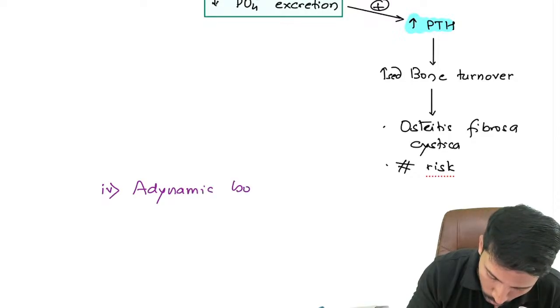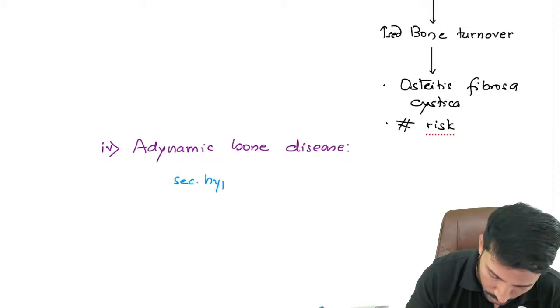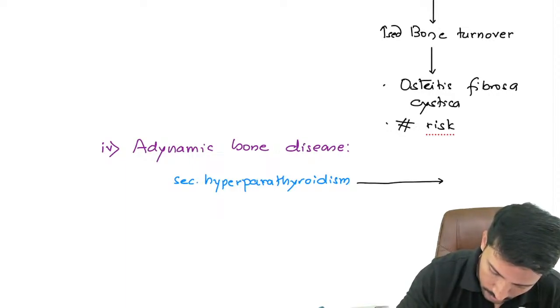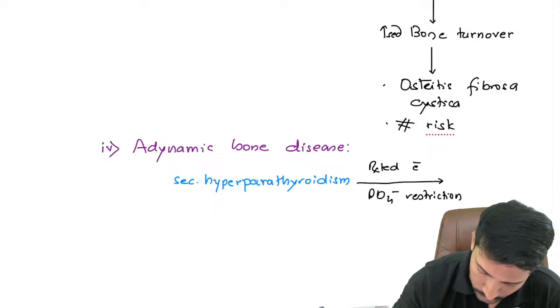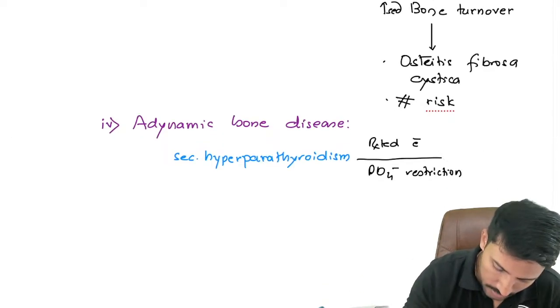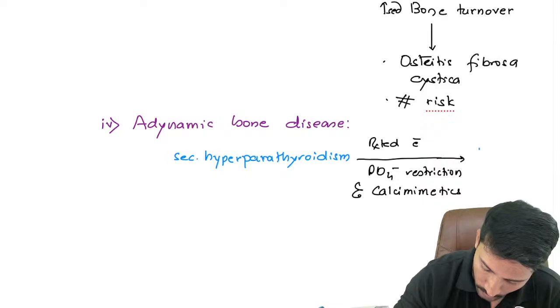Adynamic bone disease. So what is happening here? If you had secondary hyperparathyroidism and you try to treat it with phosphate restriction and calcimimetics, it can lead to PTH suppression.